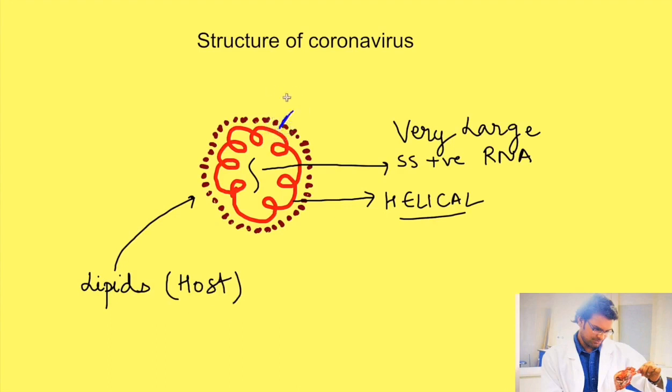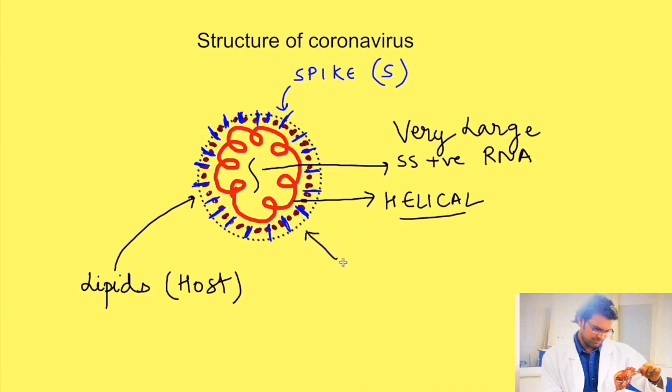One of these proteins, known as the spike protein, has an extracellular portion, and thus it projects from the membrane and forms a rim around it. Under the electron microscope, this rim formed by the spike proteins appears like the corona of the sun, and that's why this virus is named coronavirus. The spike protein is the one through which the virus attaches to a receptor, and then the virus and host cell membrane fuse together, causing entry of the viral genome, that is this RNA, into the cell.